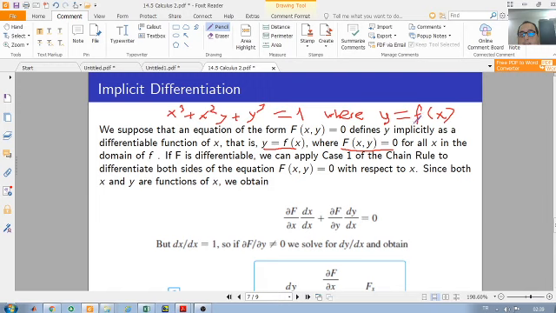But this function is defined by writing an equation in the variables x and y. Actually here y is a function of x and x is the independent variable.